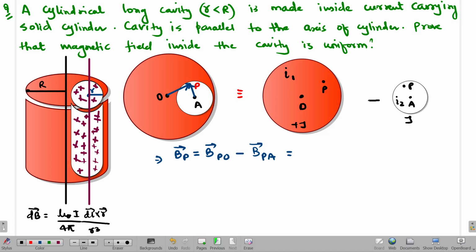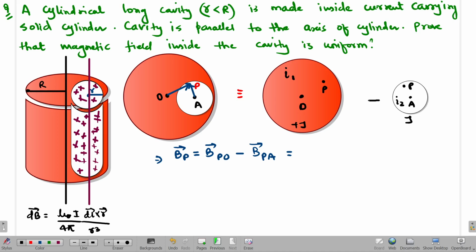So the question arises: how to write this whole formula in terms of current density? Because actually what you will be aware of is the current density, not this kind of formula.